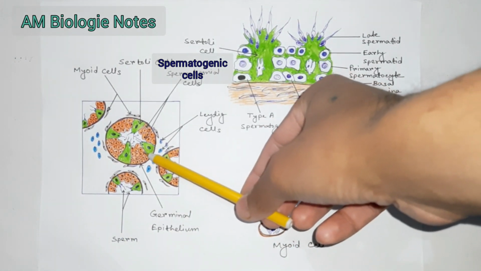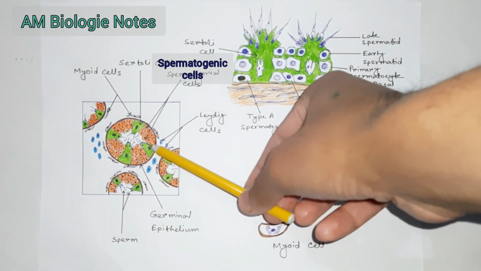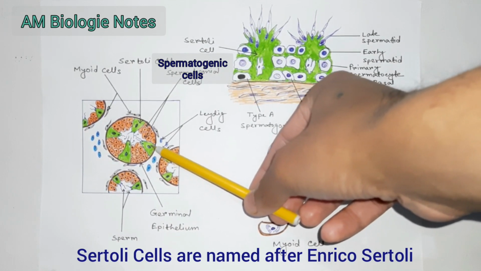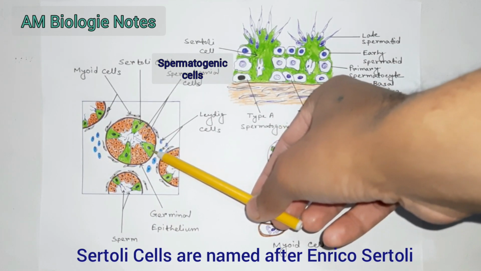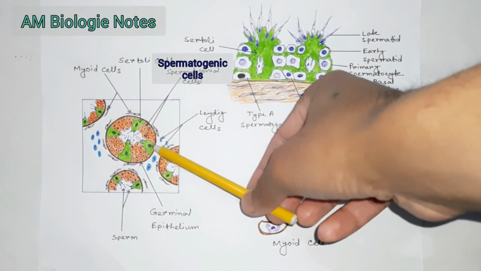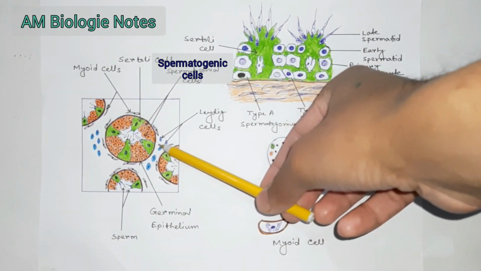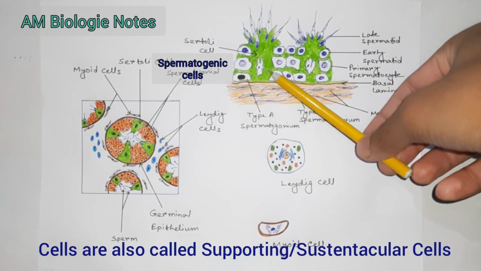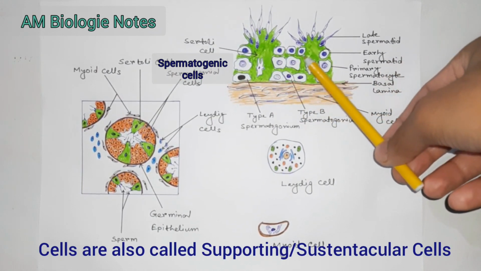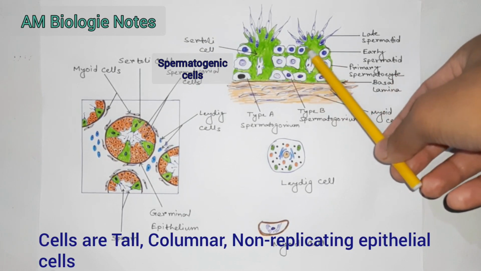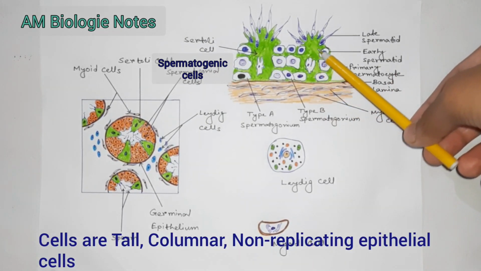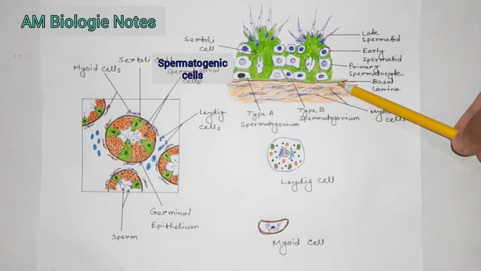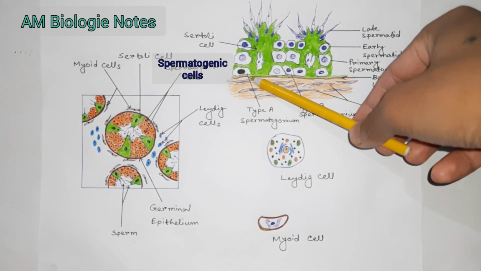Now, in between the spermatogenic cells, there are the Sertoli cells. The Sertoli cells are named after Enrico Sertoli, who first demonstrated their physiologic significance. These cells are also called supporting or sustentacular cells. The cells are tall, columnar, non-replicating epithelial cells and rest on the thick multilayered basal lamina of the seminiferous epithelium.